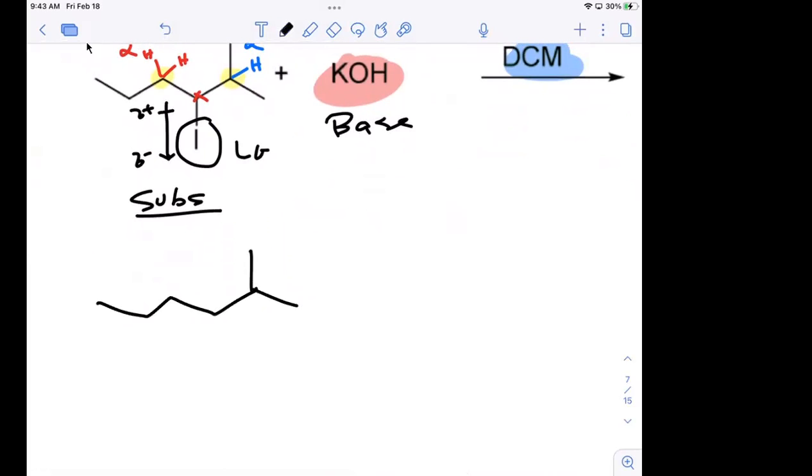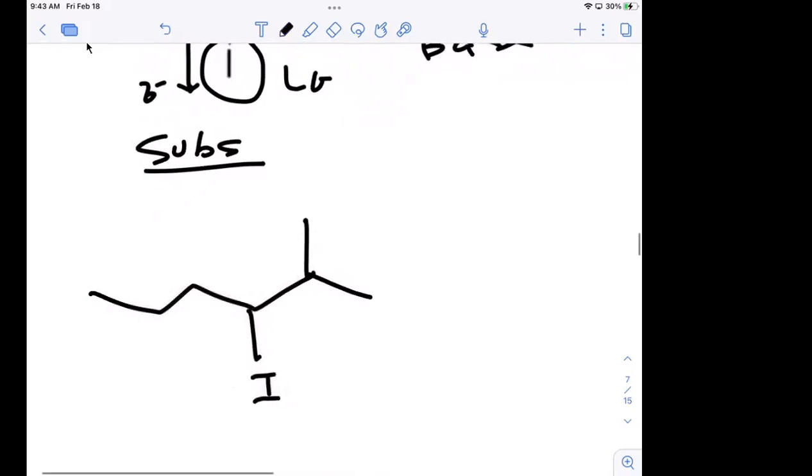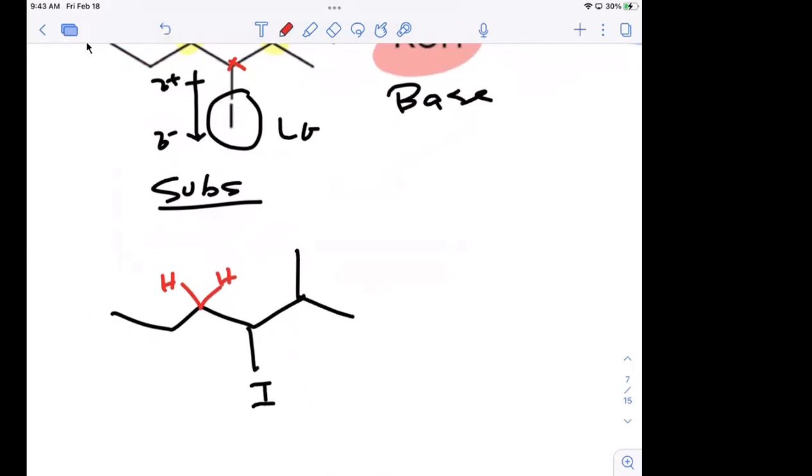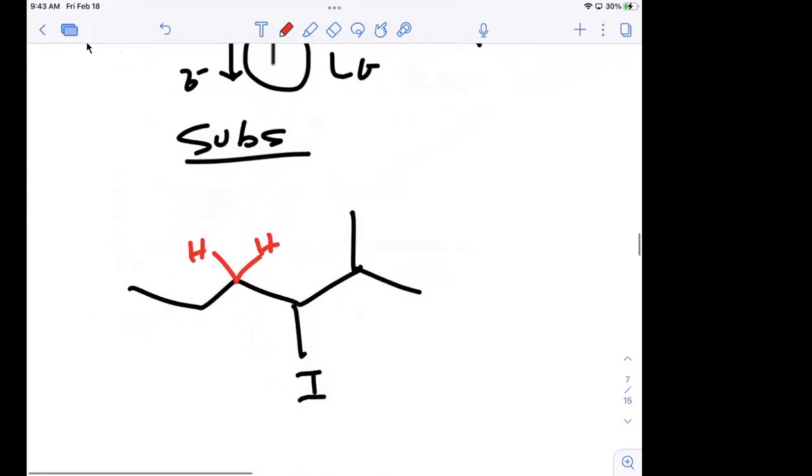All right, so we're going to look at that side first. So here's my leaving group, iodine, and then I'm going to put in my two red alpha protons, right? And KOH is the base. So that is just hanging out here. That's negative. Potassium is positive. It's a salt.